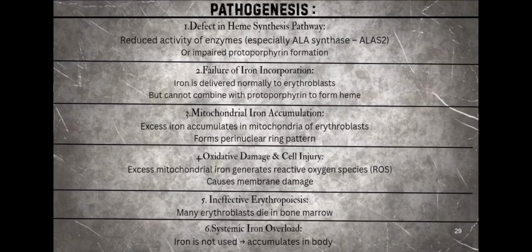Pathogenesis: defect in the heme synthesis pathway, reduced activity of enzyme, especially ALA synthase, or impaired protoporphyrin formation. Failure of iron incorporation: iron is delivered normally to erythroblasts but cannot combine with protoporphyrin to form heme.